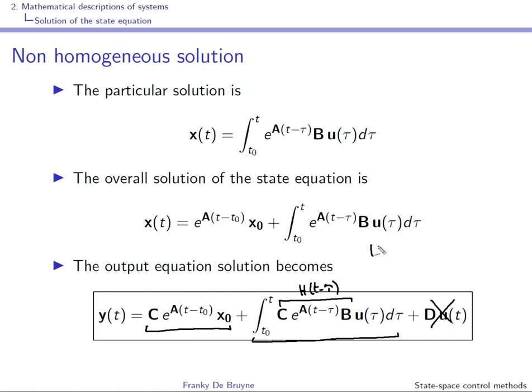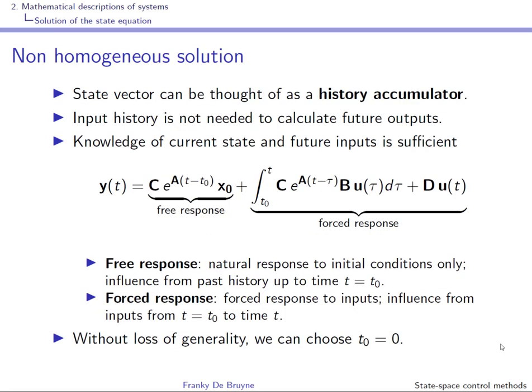So h of t, the impulse response matrix, is C exponential of At B. Well, suppose that you're at time t equal to t0 and you want to compute future outputs, and this means t larger than t0.